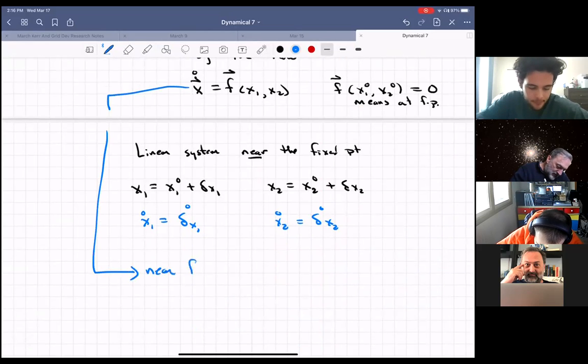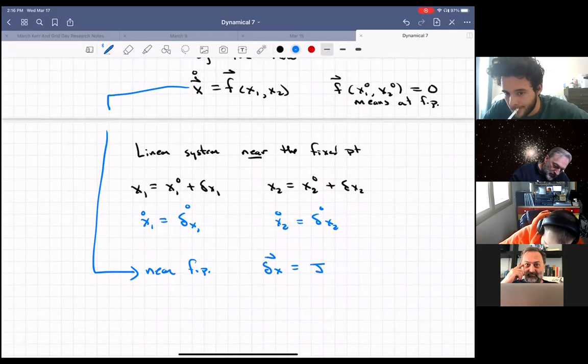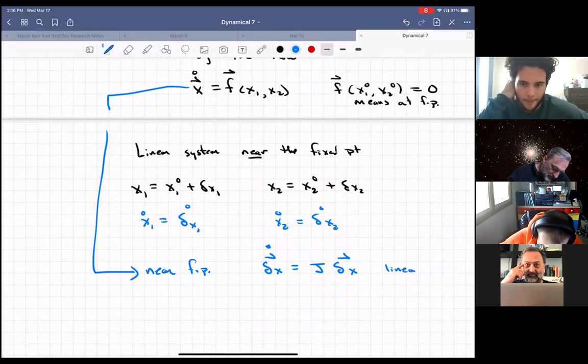And so my system near the fixed point becomes delta x vector dot is the Jacobian times delta x vector, which is the linearized system near the fixed point. And we've studied linear systems.